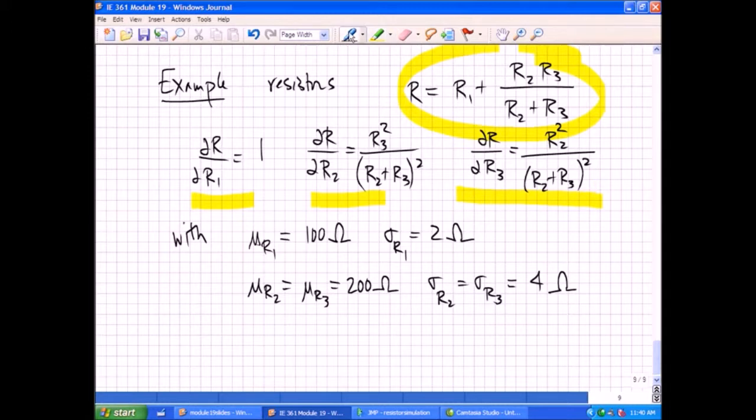I can make use of these Taylor series approximation formulas and say that the mean for the overall resistance, I can't give you an exact formula, but I can say that it's approximately what I get when I plug these means into this formula. So I plug these means into the formula for R, and I get the following.